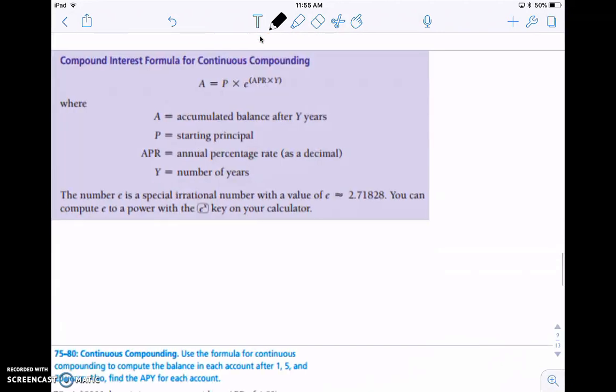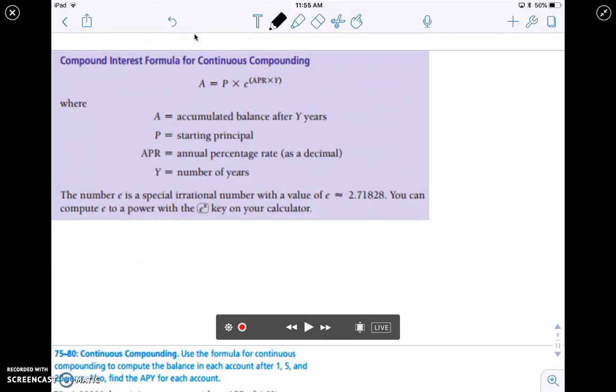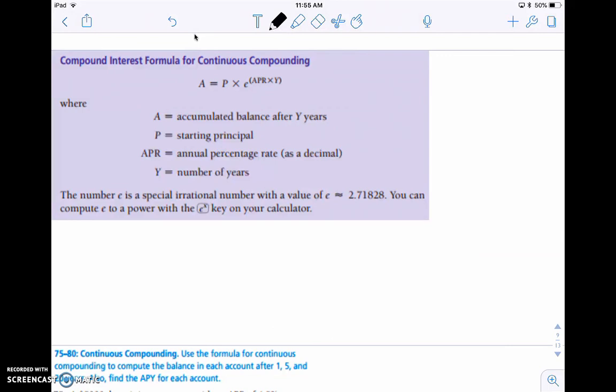Okay, so now we're going to be looking at what happens when we compound continuously. As the number of times we compound grows, we're going to get some more interest, but eventually there becomes a peak.